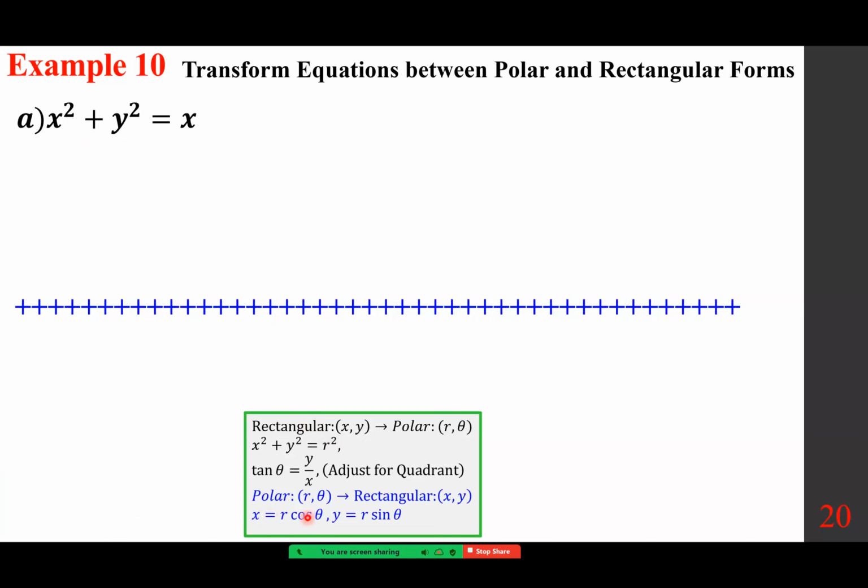X or cosine theta, divide by r. So I can get rid of this and this becomes r. So r is cosine theta.